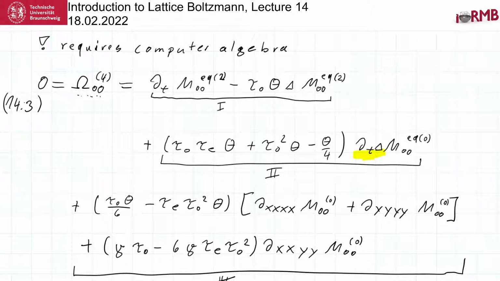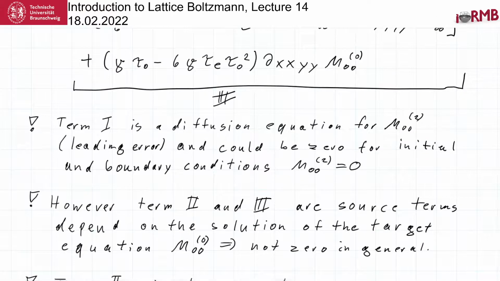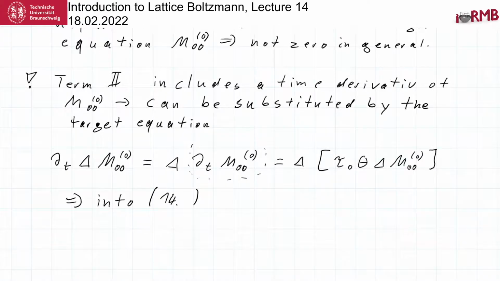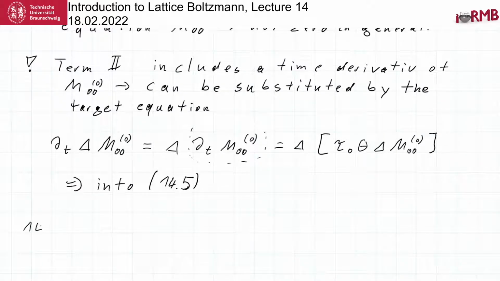No, it cannot be 14.3. It must be 14.5 already. Sorry, so it must be 14.5. So we put this into 14.5. Okay. Right. So another 15 minutes. So this gives us now equation 14.6, if I'm counting correctly, where we have put this in.